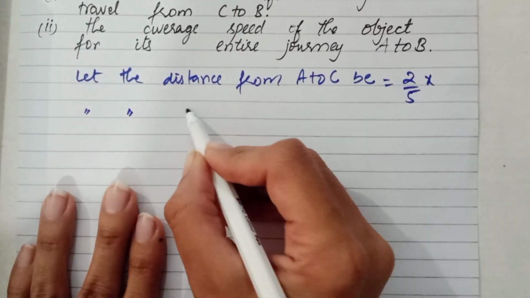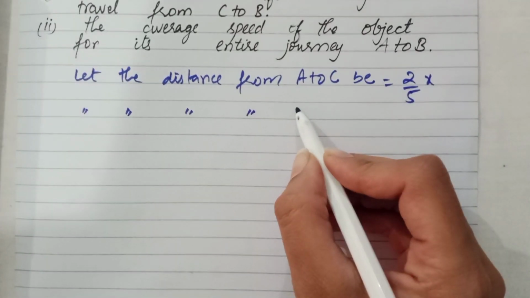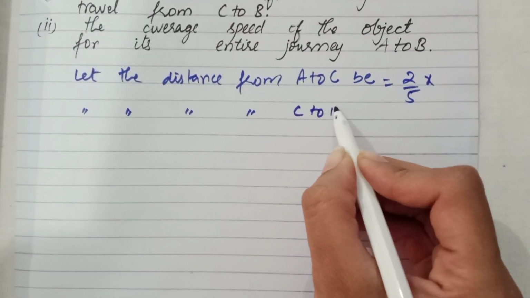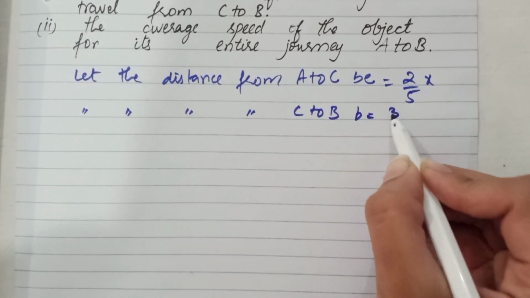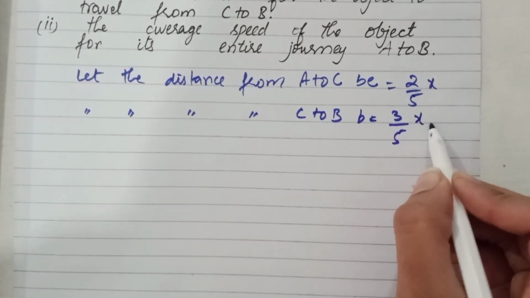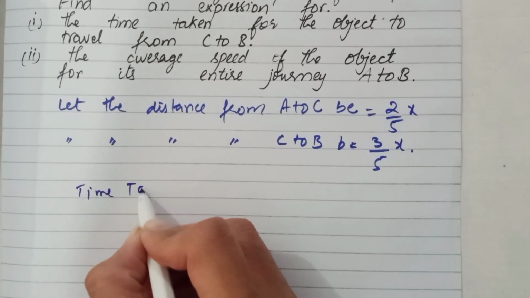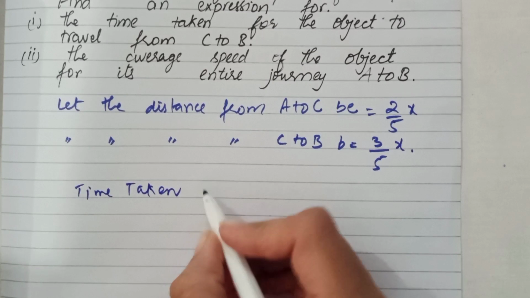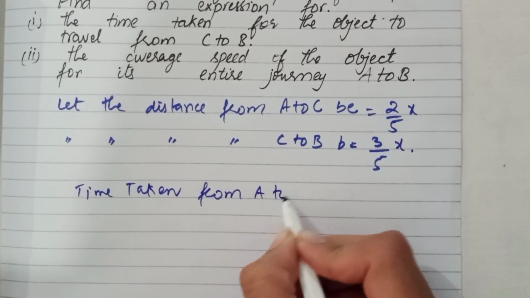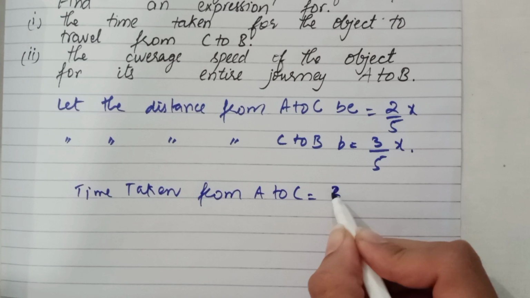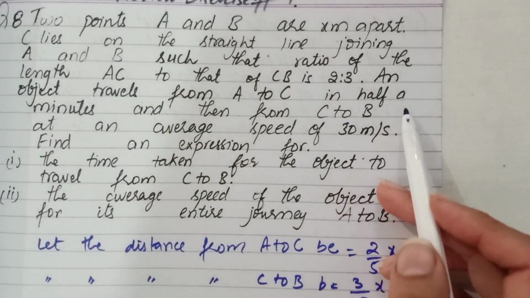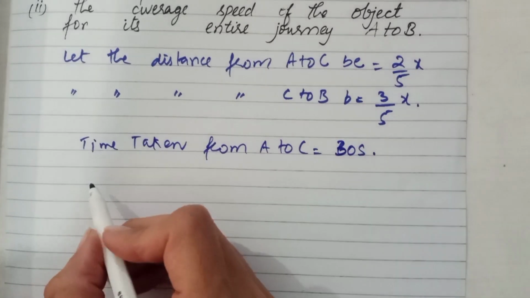Let the distance from A to C be 2 by 5x. And let the distance from C to B be 3 by 5x, because its ratio is 3. The time from A to C is half a minute, which is 30 seconds.